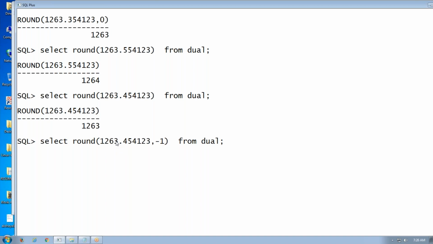Before making this as a 0, it will verify, is this greater than or equal to 5? No. If it is greater than or equal to 5, then previous digit incremented by 1. If it is not greater than or equal to 5, it will not make any increments. See here, 1260.